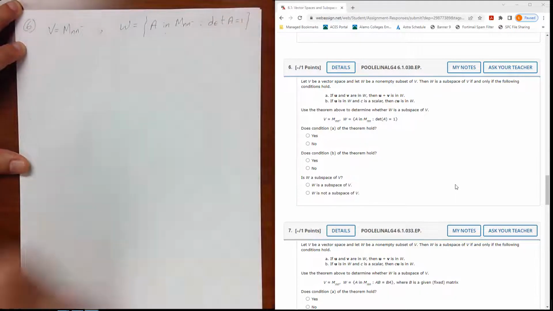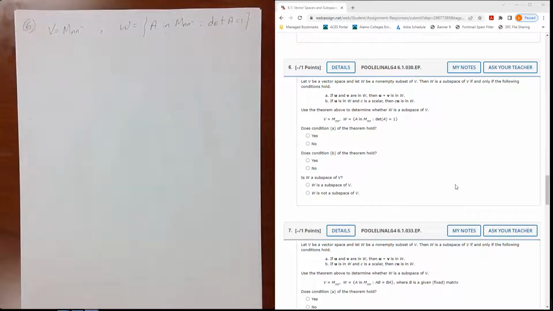So here is the condition. Now let's see how we're going to check if W is a subspace or not.